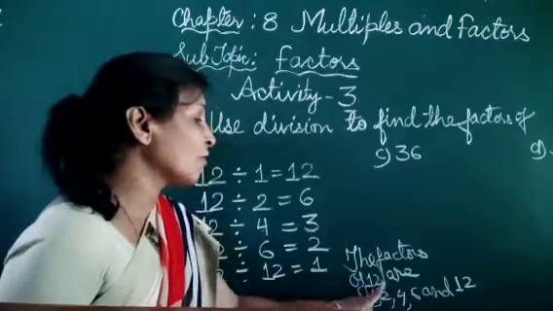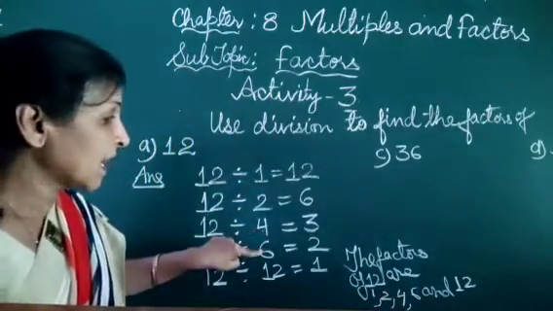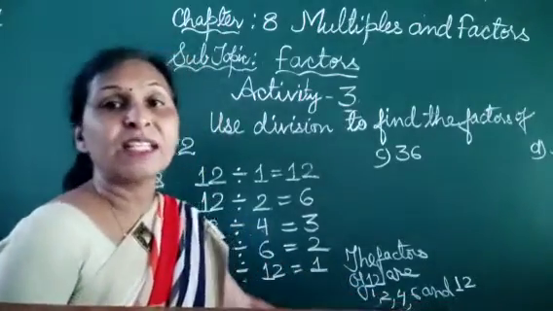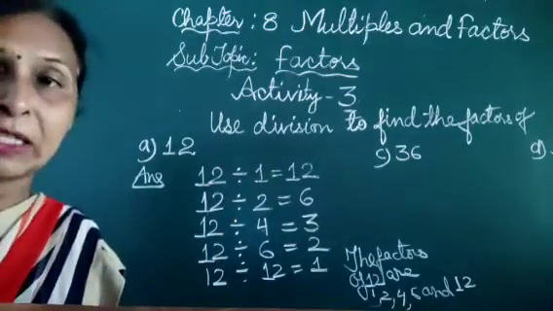The factors of 12 are 1, 2, 4, 6 and 12. These are the factors of 12 by division method.